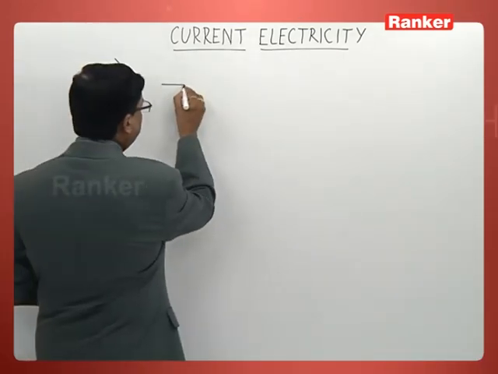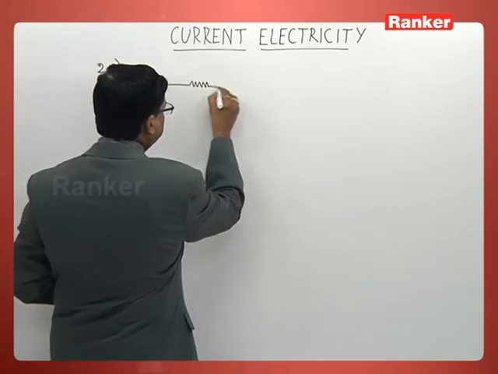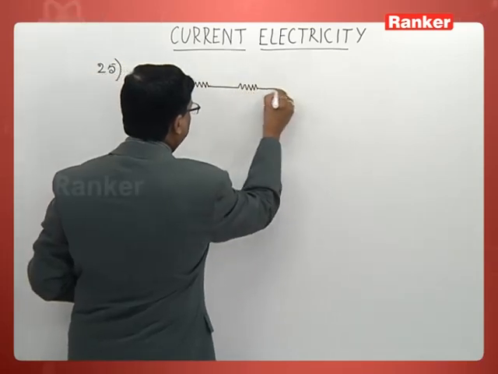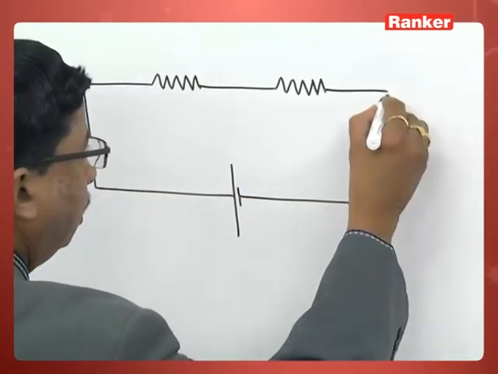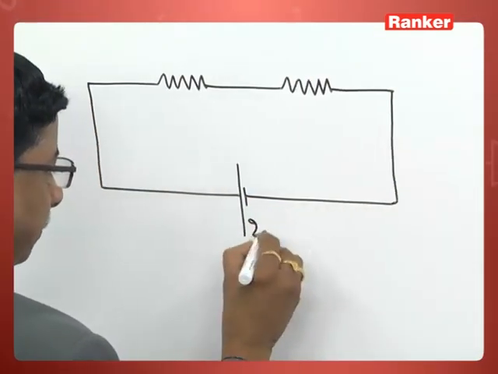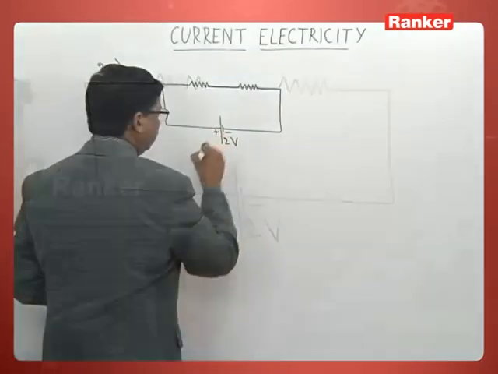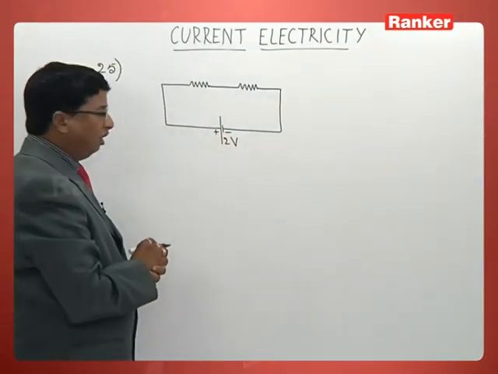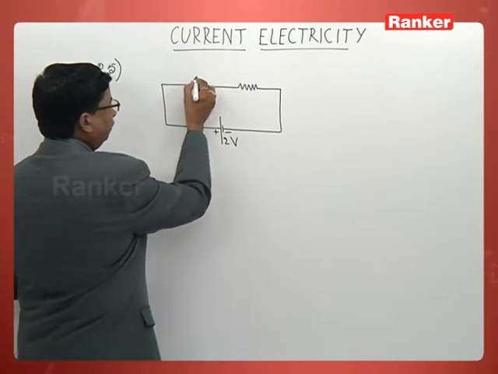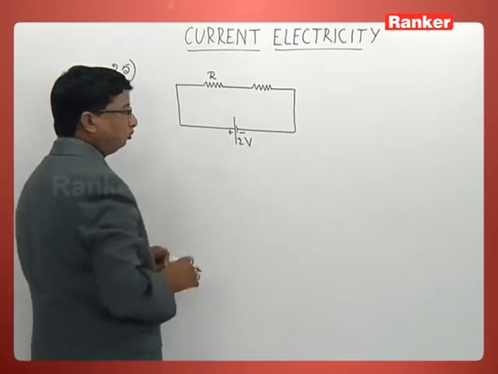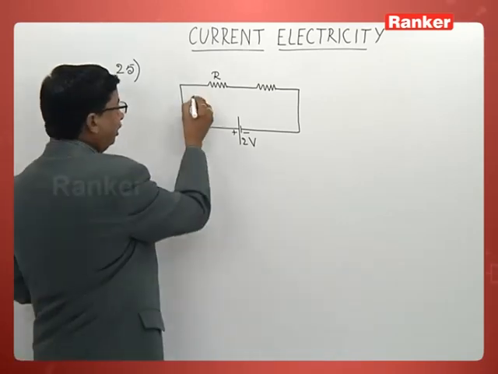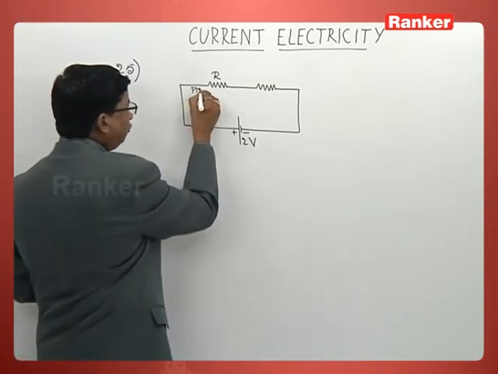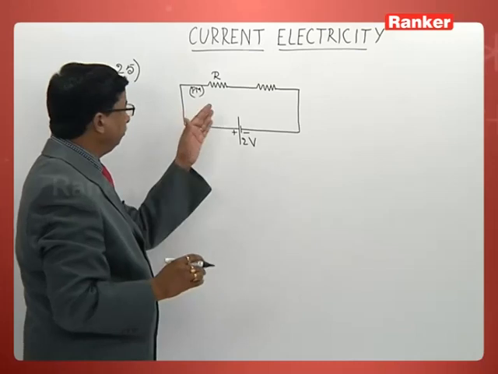There are two resistances once again, connected in series across a 2 volt cell like this. What is the resistance of this potentiometer wire? We don't know; that is to be calculated, and I write this one as potentiometer wire, PM, the short form.